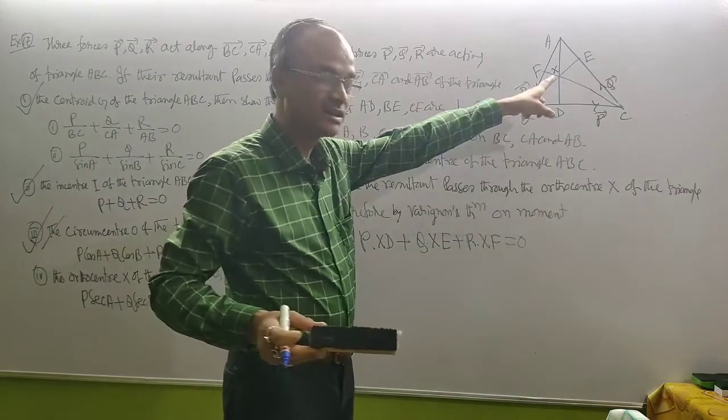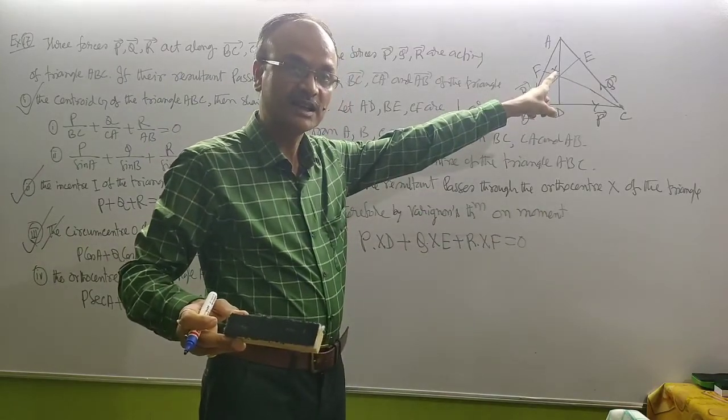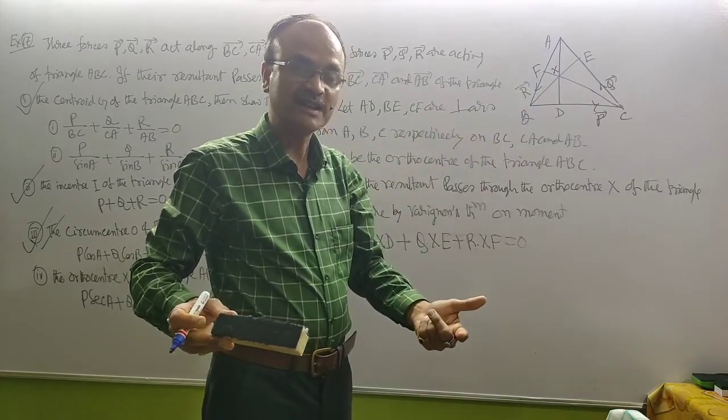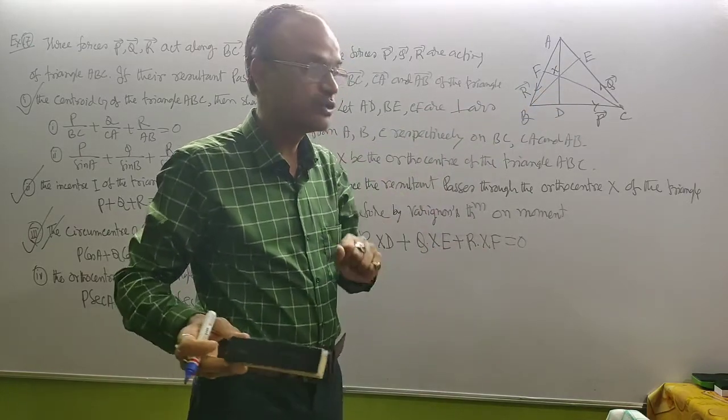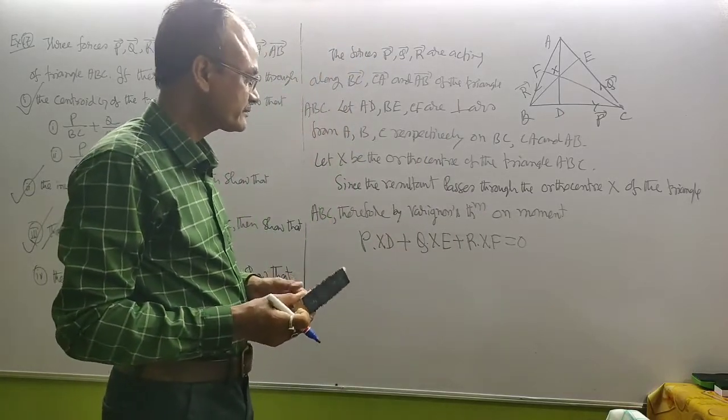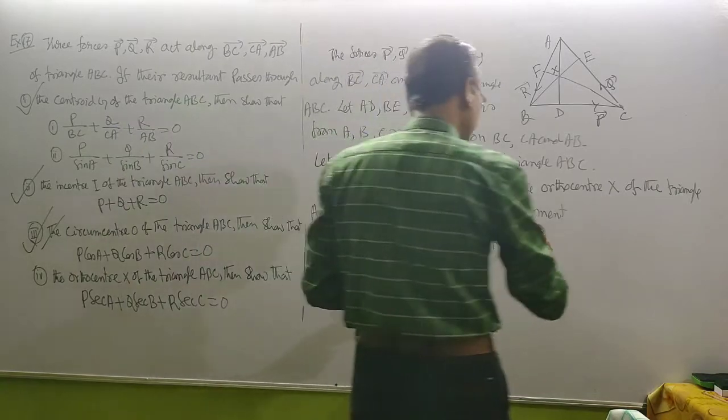Since the resultant passes through the orthocenter, the moment of the resultant about the orthocenter is equal to 0. Suppose this is number 1.